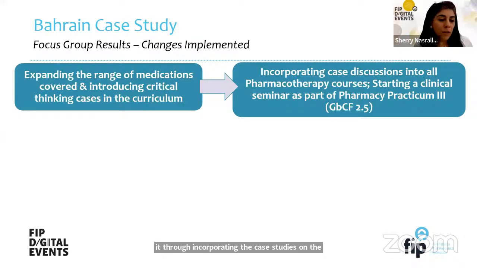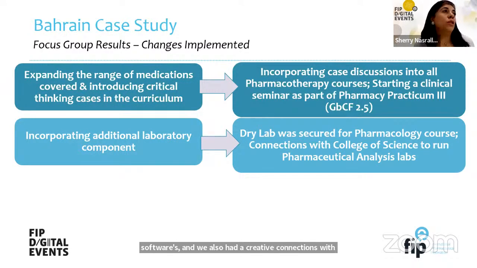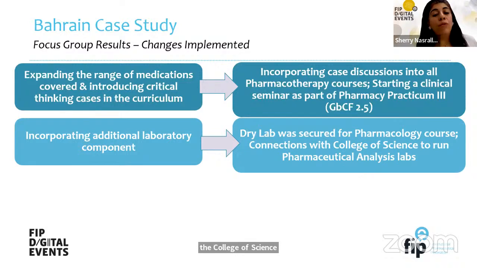Another finding was that students wanted more laboratory components. We secured a dry lab for them for pharmacology courses, through computer-aided learning software. We also created connections with the College of Science, and we started working with them on a pharmaceutical analysis lab.